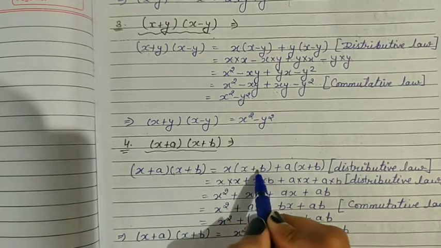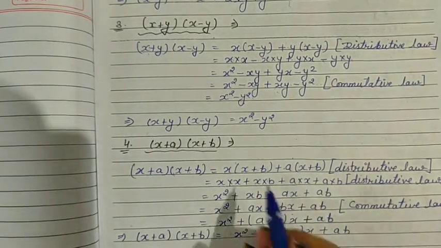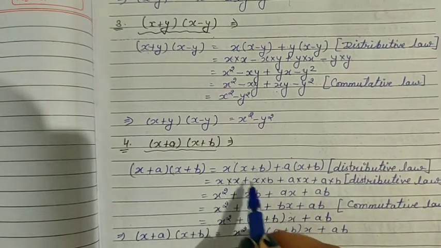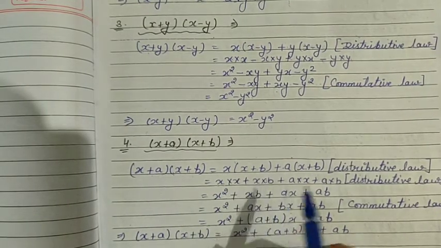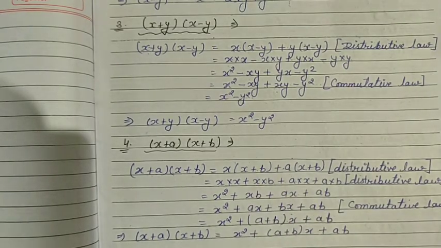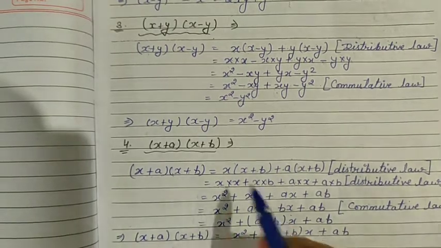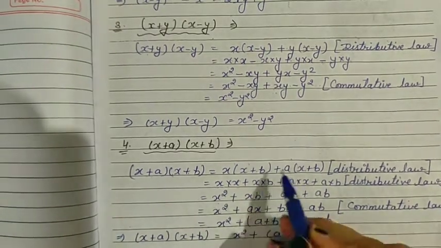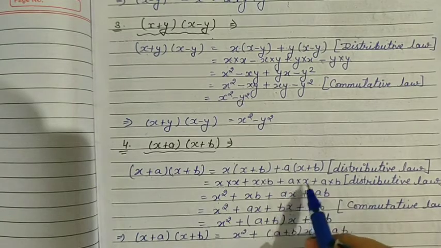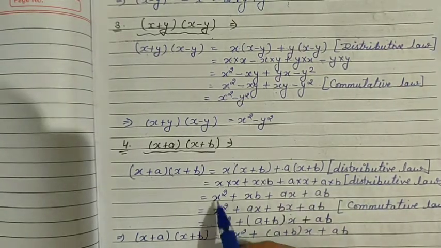So x into x plus b plus a into x plus b by distributive law. So x into x plus x into b plus a into x plus a into b. Distributive law of multiplication over addition. So x into x is equal to x square, x into b, xb, a into x, ax, a into b, ab.